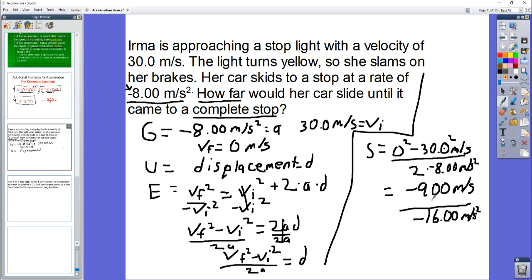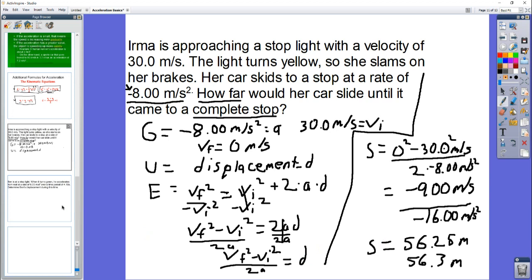So negative 900 divided by negative 16, calculator says 56.25 meters. Or if we're going with significant figures, 56.3 meters. Yes, that is a little bit of math, but that's a pretty common and useful physics problem there.